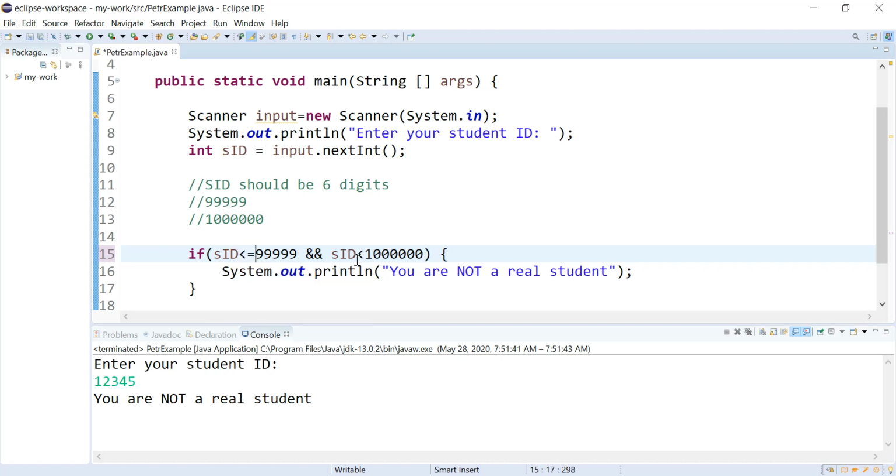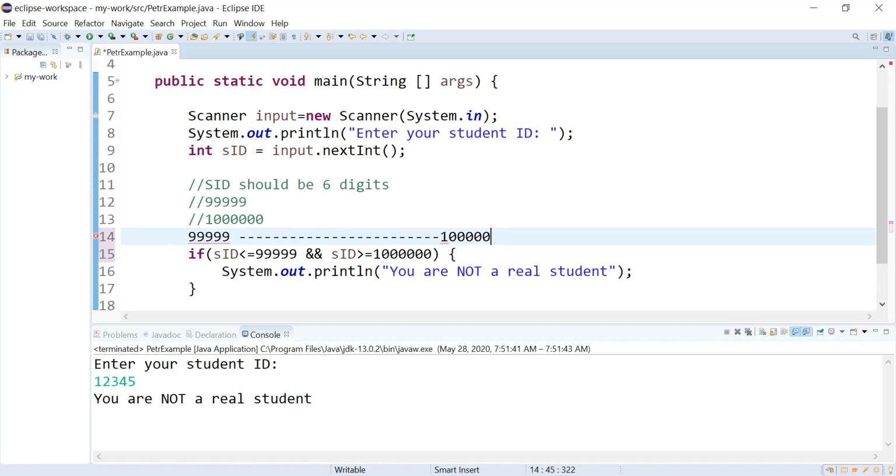And the opposite of this is greater than or equal to. And if we imagine these numbers on a number line, then being between them means you're on this line. Being less than this, you're over here, and greater than this, you're over here. So those two are not continuous, right? They have a gap in the middle. So it can't be both things at the same time. It would be one or the other.